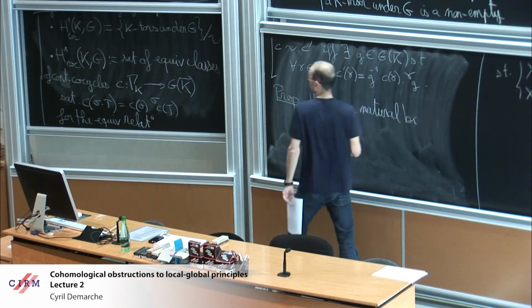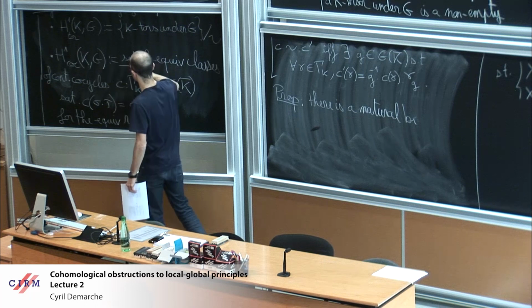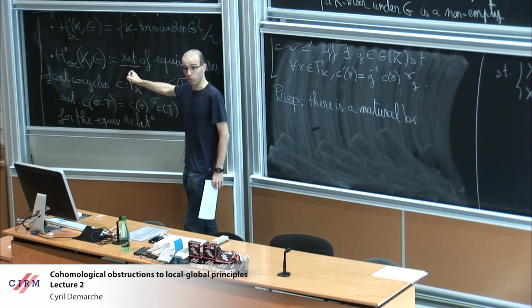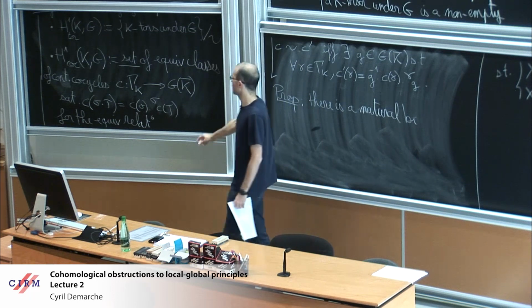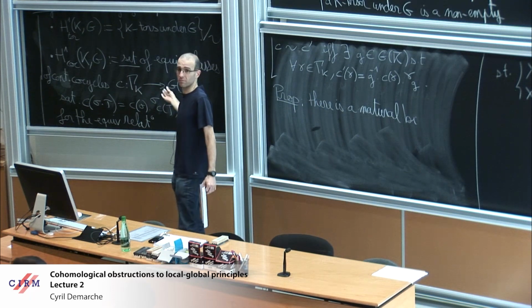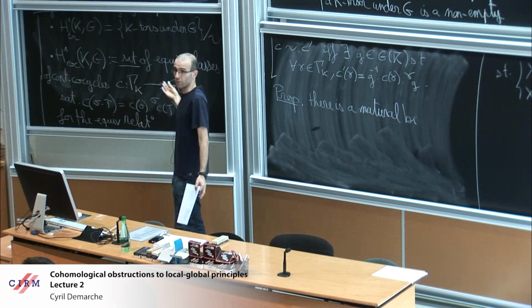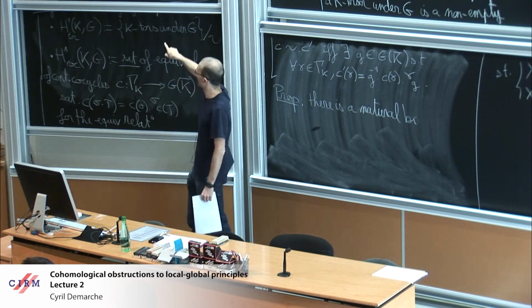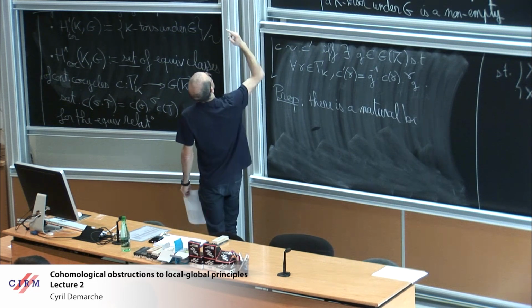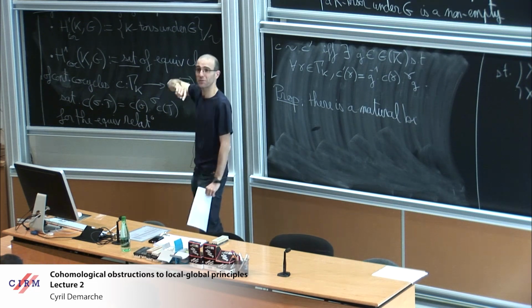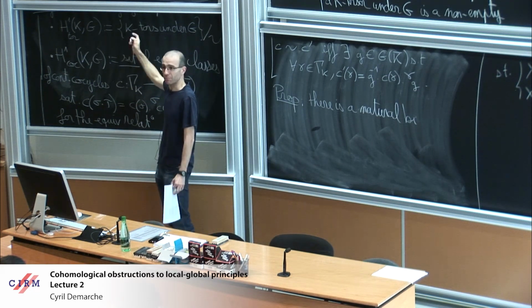As you can see, I just wrote set here, not group. This is a pointed set, because you can consider the constant cocycle equal to 1. Similarly here, this is a pointed set because you have the trivial torsor, which can be seen as the trivial point.